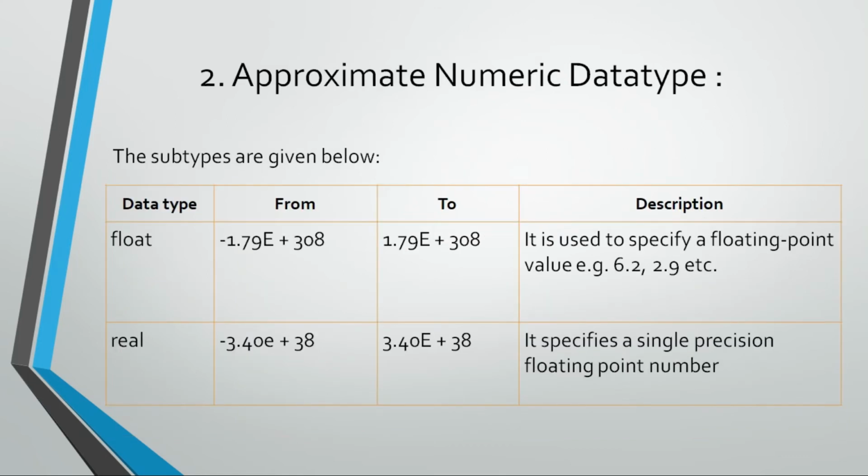Then another type is approximate numeric data type. In that type, the float and real values fall under this type. Float is used to specify a floating point value, for example 6.2, 2.9, etc. Then real type specifies a single precision floating point number.